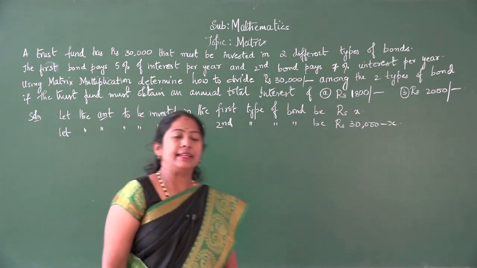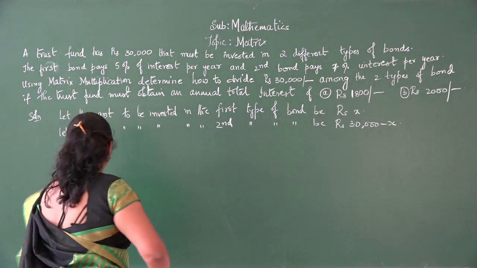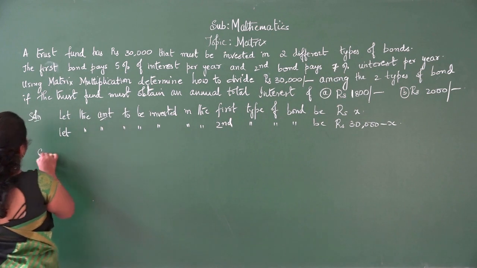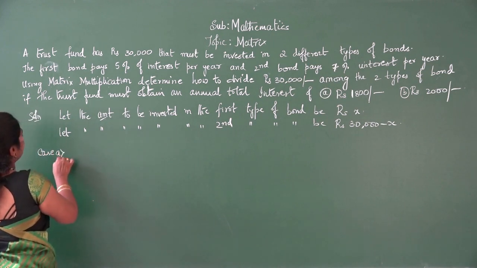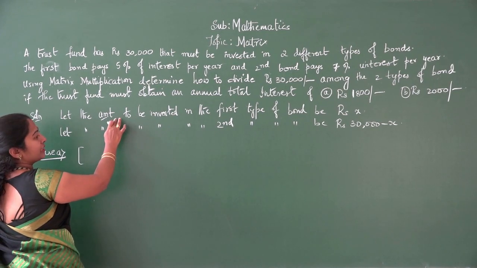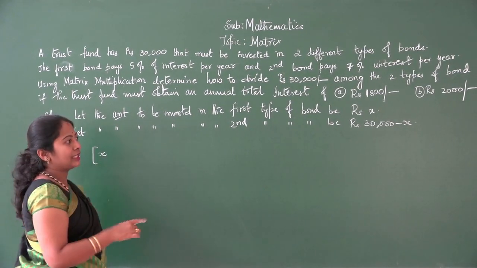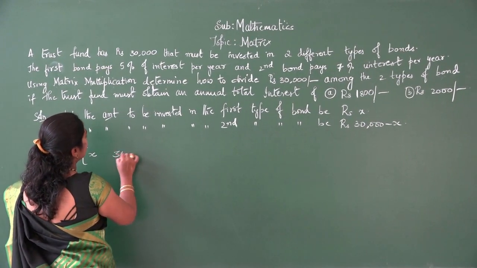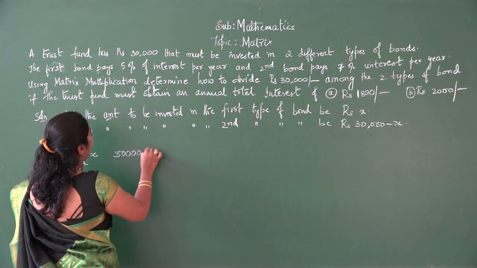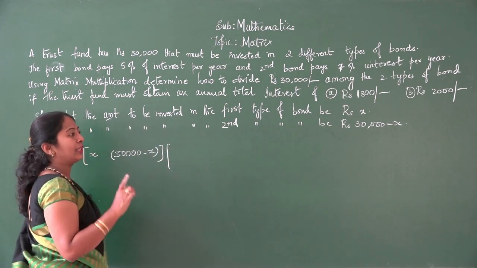What is the first criteria given? The first criteria will be rupees 1,800. So, moving on to the first case, case A. What is the amount to be invested in the first type of bond? X. What is the amount to be invested in the second type of bond? That is 30,000 minus X. What is the interest paid in the two types of bond?